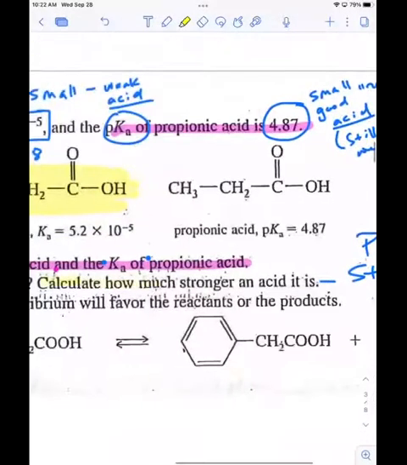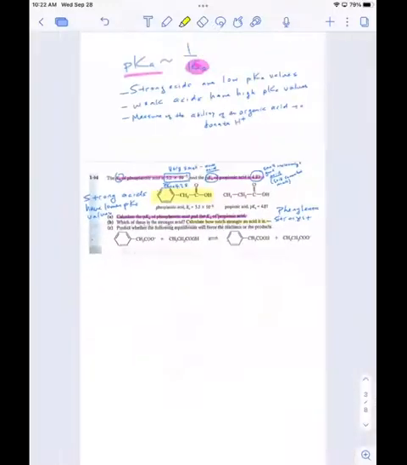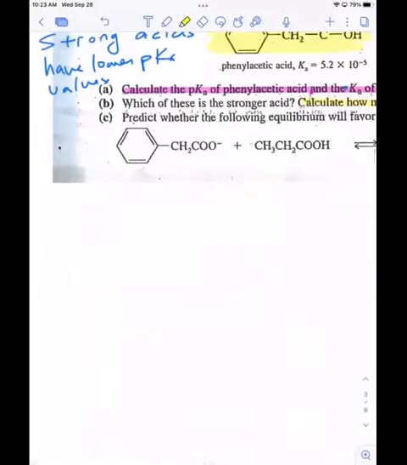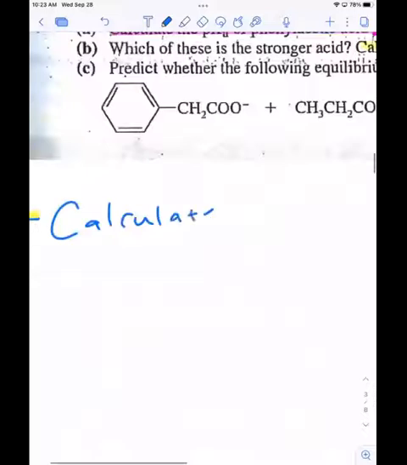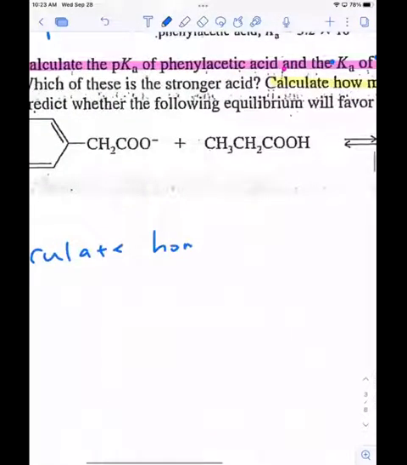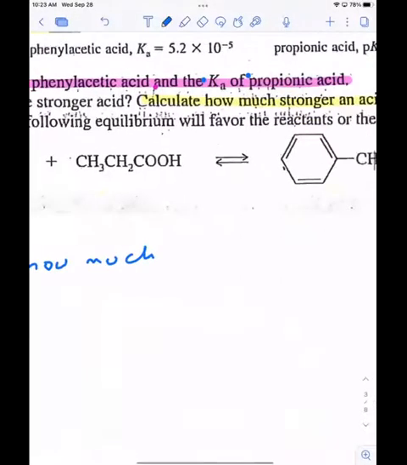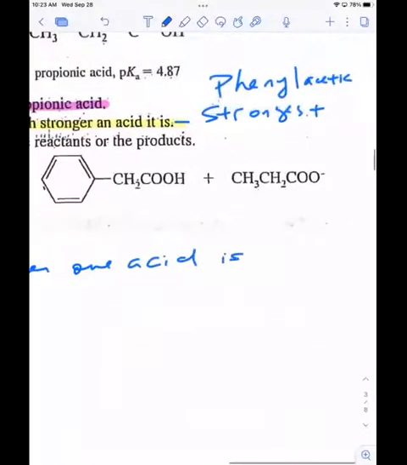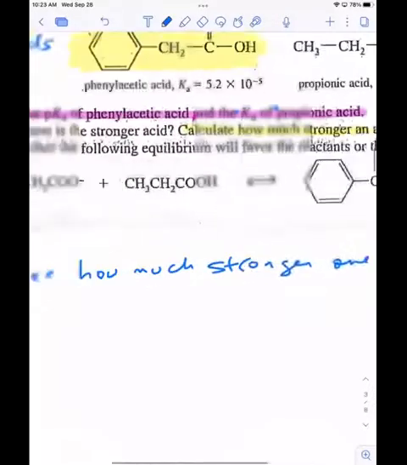Right, but the other question says calculate how much stronger the acid is. So let me write that. Do I have room? Oh, yeah, I got room on this page. Right. There's a way to do that. And let me show you. To calculate how much stronger one acid is relative to another, it's a very simple equation.